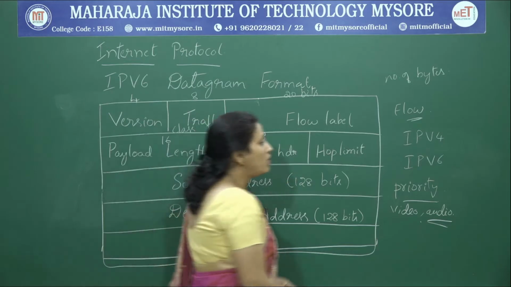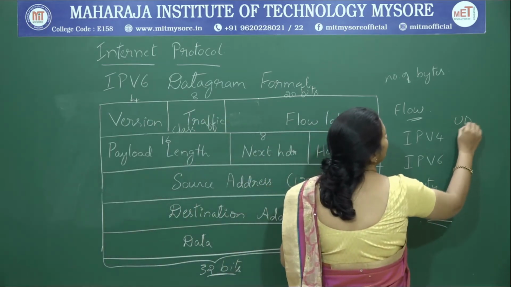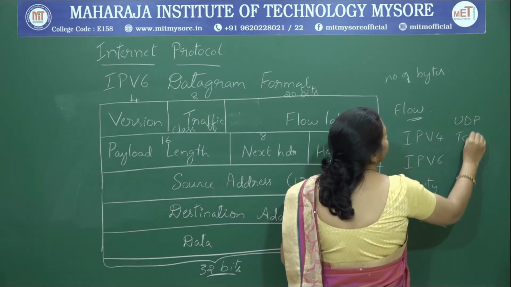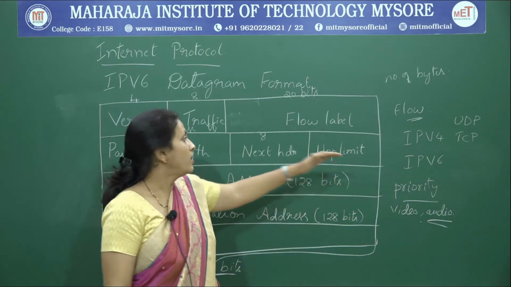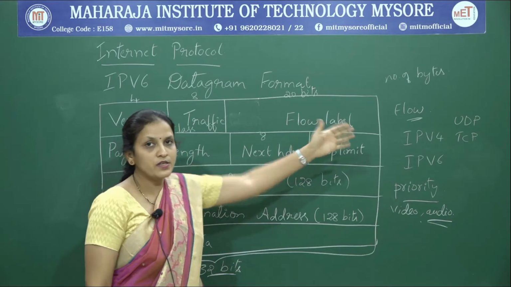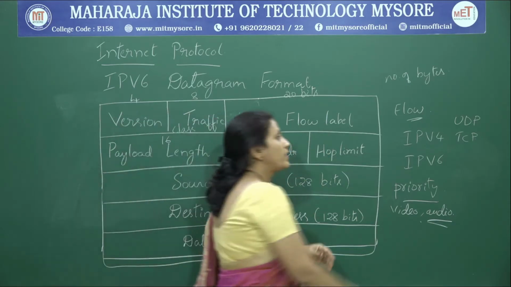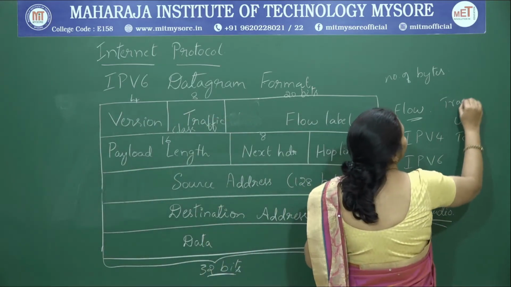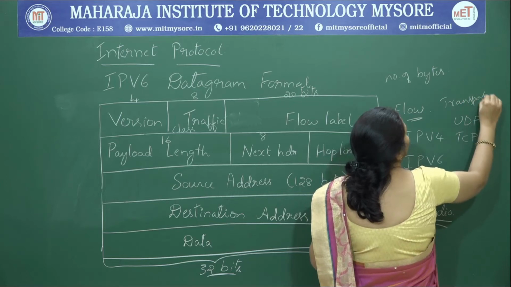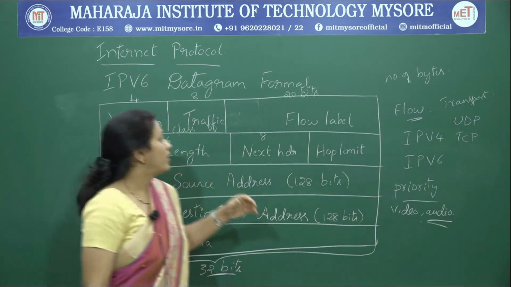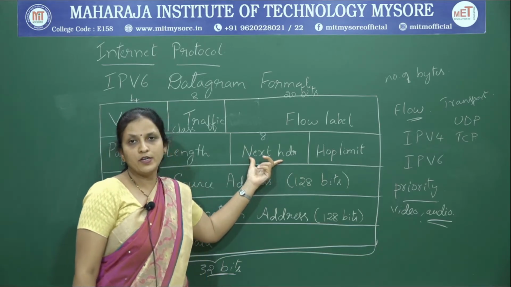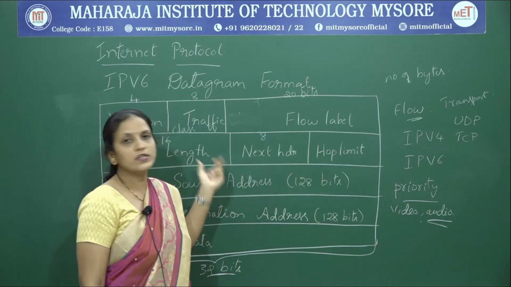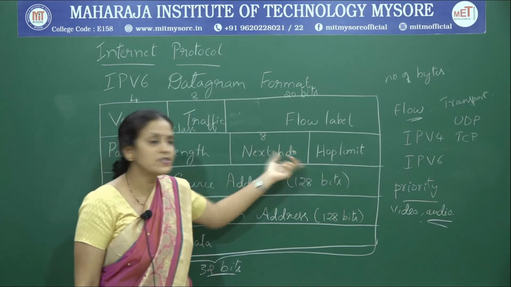The protocol can be UDP or TCP, which come under a different layer, that is the transport layer. In the next header field, we specify to which particular protocol we are going to hand over this datagram once it reaches its destination.